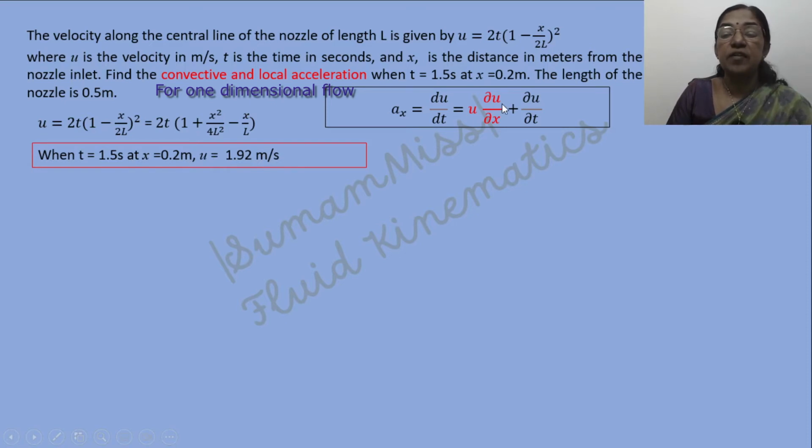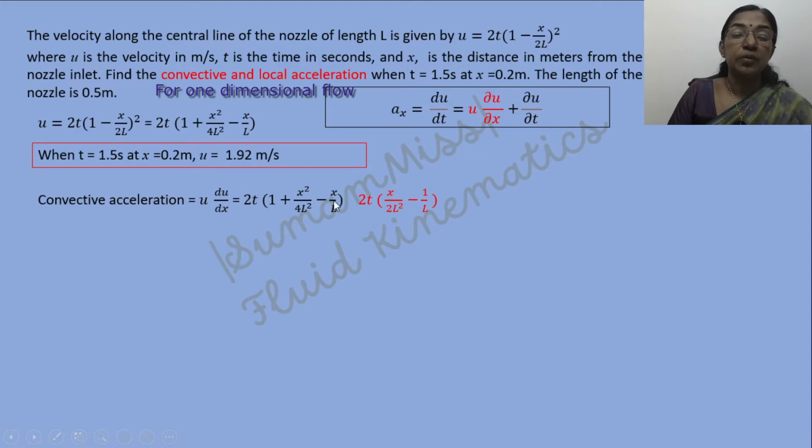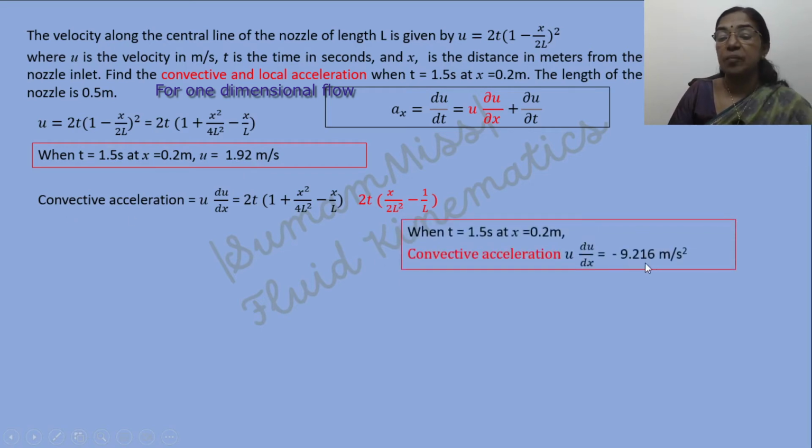The expression for convective acceleration is u into ∂u/∂x, u into the differential of u with respect to x, that is 2t into (x by 12 square minus 1 by L). If you substitute the values of time, x and L, the convective acceleration obtained is minus 9.216 meter per second square.